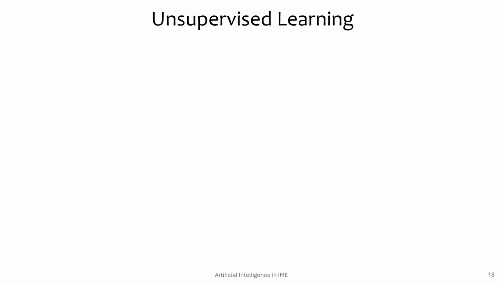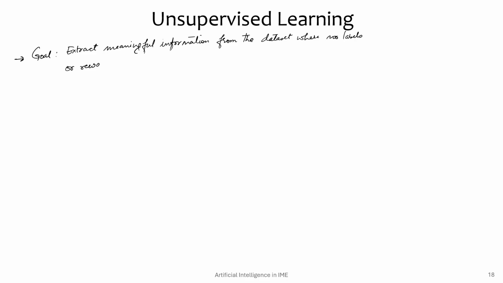Next, let us understand what unsupervised learning is. So, here the goal is to extract meaningful information from the data set where no labels or rewards are available. Okay.